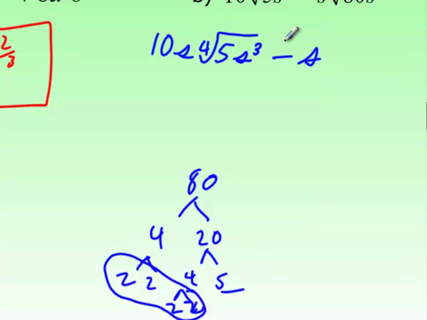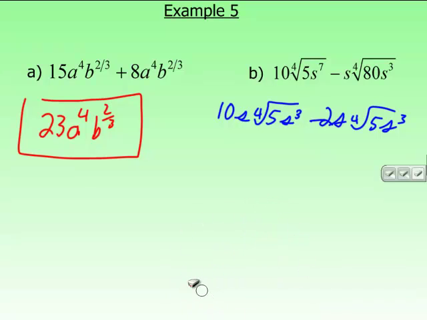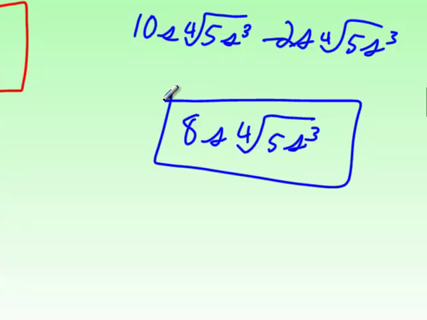And so I'll write, that's going to be actually minus 2s and then the 4th root of 5s cubed. But now when I look at it, I notice that my radicals are indeed the same. So I can indeed subtract these. So I have 10s minus 2s, and that's going to leave me with 8s and then the 4th root of 5s cubed. And that is simplified.